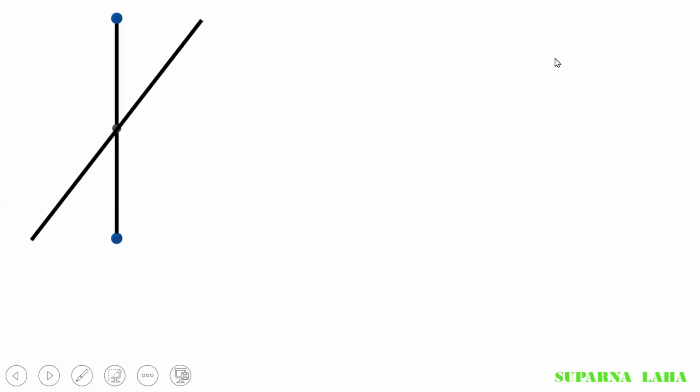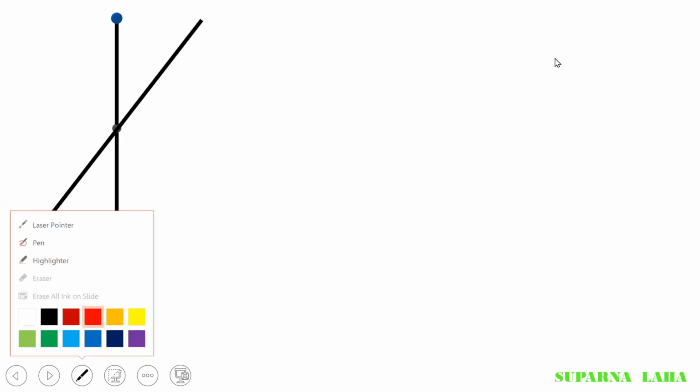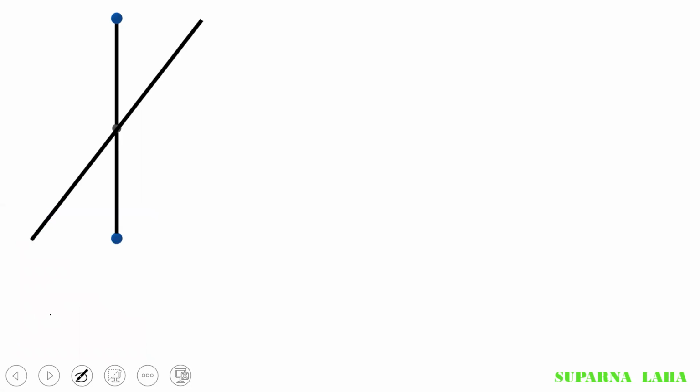First of all, take these two lines. The first one is fixed; name it L, and take a point V and another line M. The angle between these two lines is alpha.